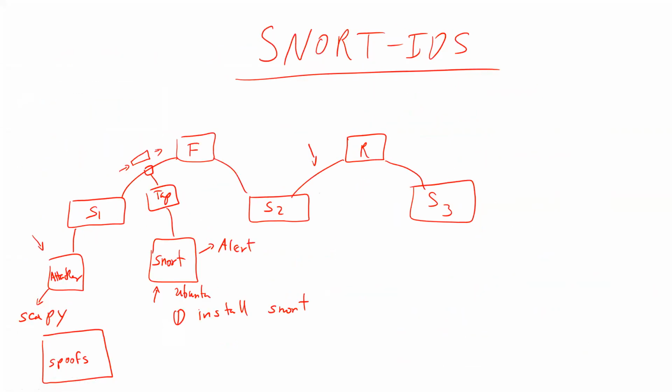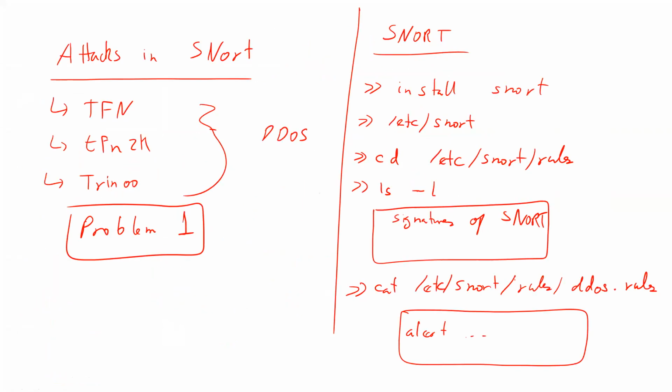Sorry, I lost the data, but this is the idea. What you have to do is attacks and Snort. There are actually 5 problems, which just means 5 families of attacks.